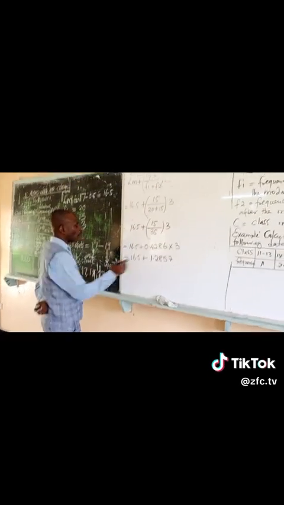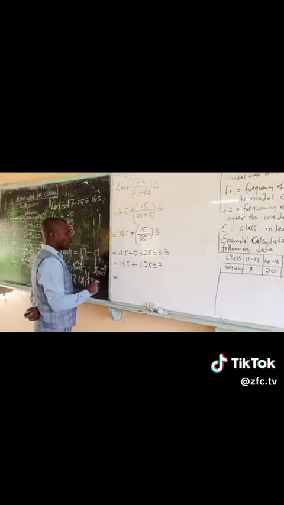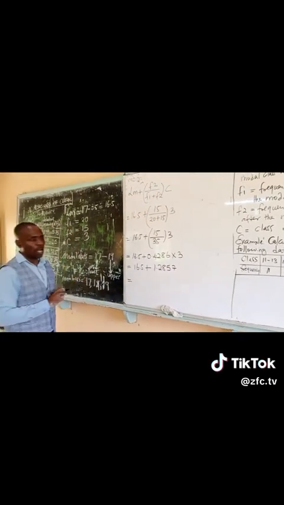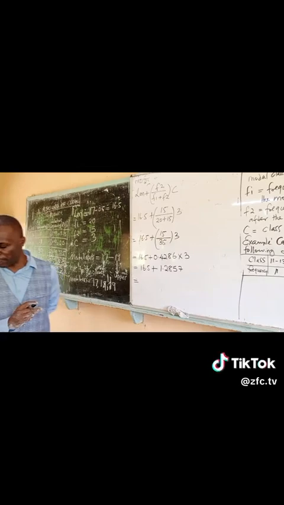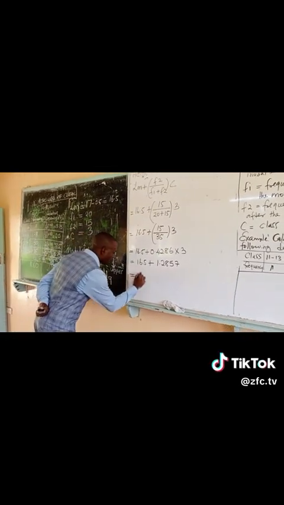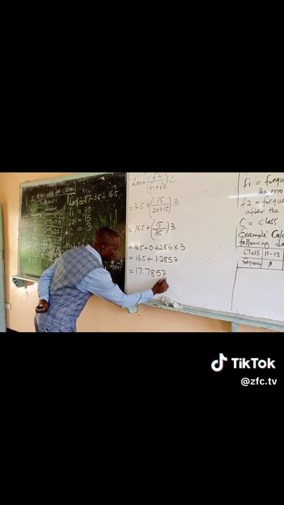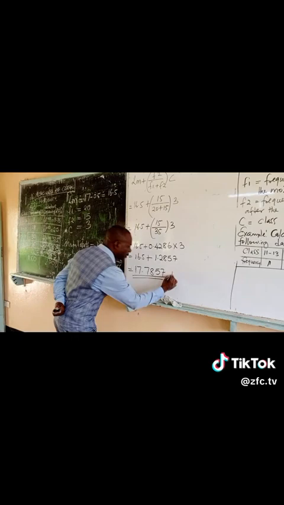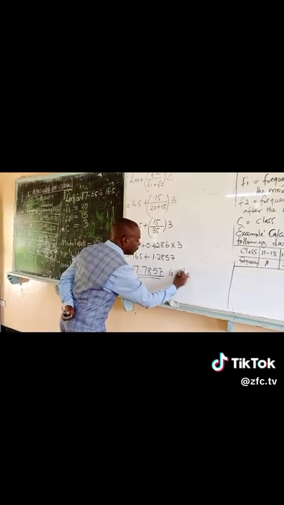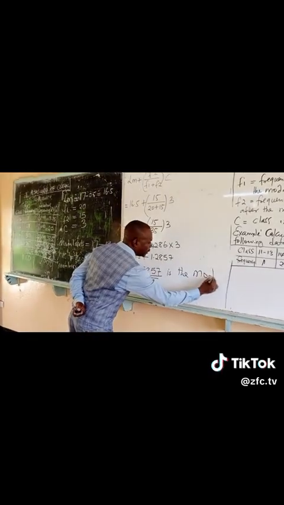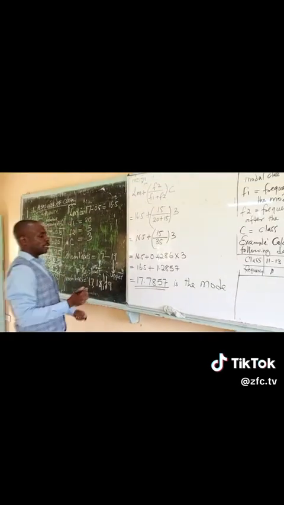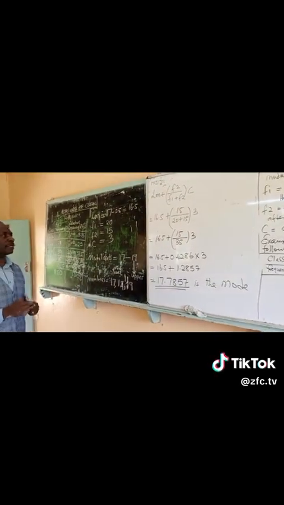So we come down with 16.5 plus 1.2857, and after doing that we add everything, which will give us 17.7857. So that number is the mode.